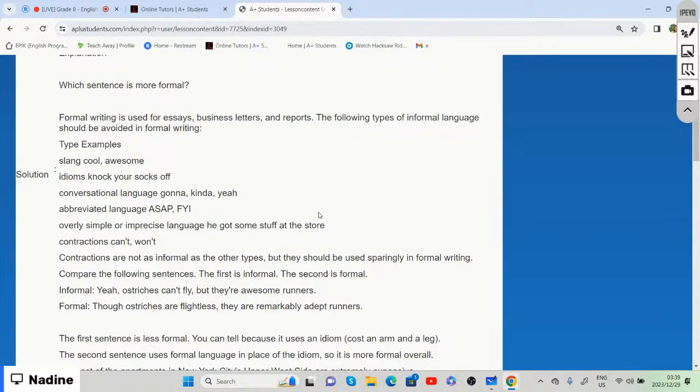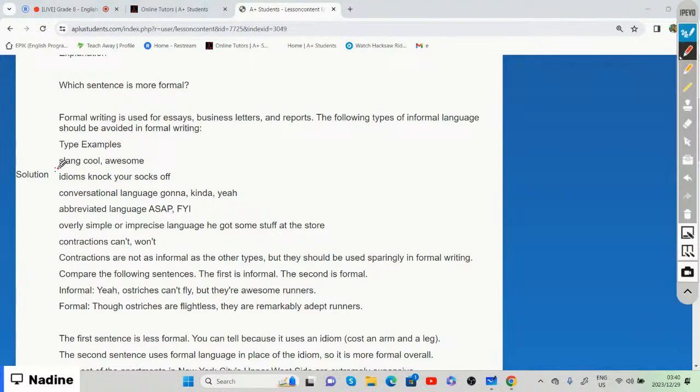So you need to avoid using slang. You need to avoid using cool, awesome. Even idioms, like knock your socks off. These are all words that you can use when you are writing an informal letter.